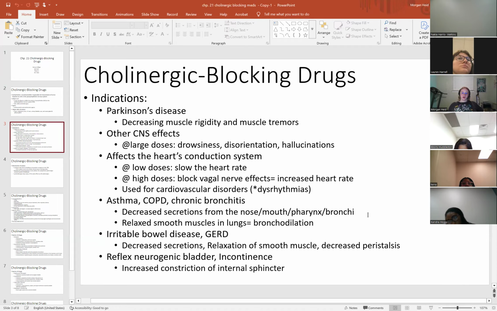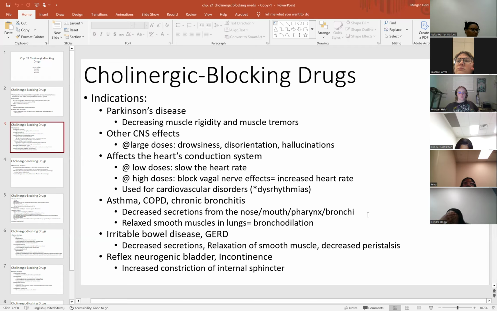The next one is if I have GI issues. When I have the cholinergic effect or my parasympathetic nervous system, this is going to increase my digestion. It's going to increase my peristalsis because it's rest and digest. I'm trying to stimulate my digestive tract. So if I want to stop that, I am going to slow down my peristalsis. I'm going to slow down my respiratory secretions.